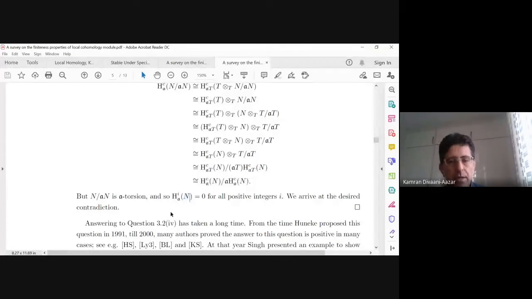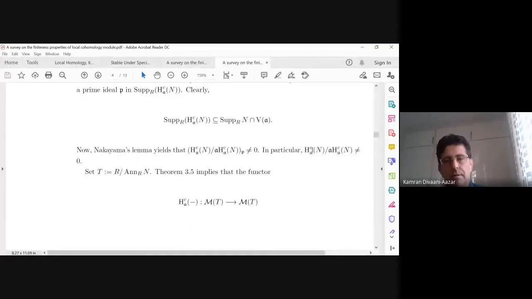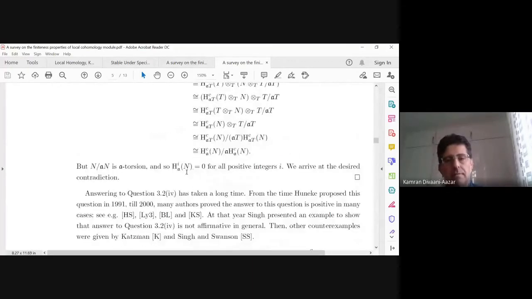So H_A^i of N over aN is 0 for all positive integers i. So here we have i is positive, the local cohomology of N with respect to A at i over aH_A^i(N) is non-zero, but here we have that this should be 0. So we arrived at our desired contradiction.